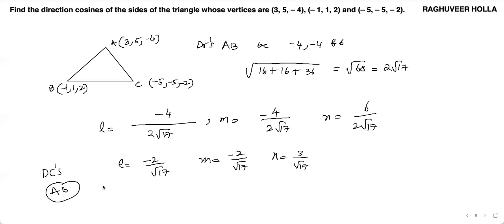Now similarly the direction ratios of BC will be minus 4, minus 6, and minus 4.